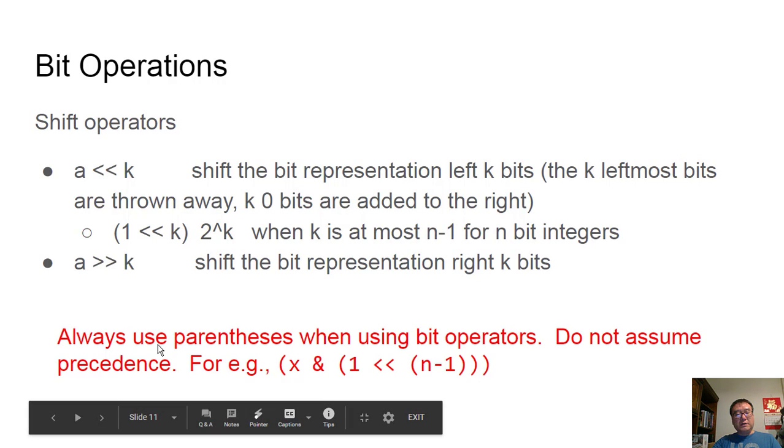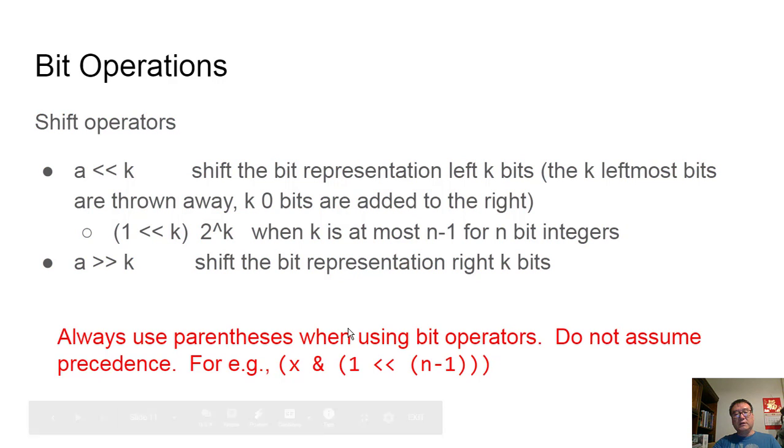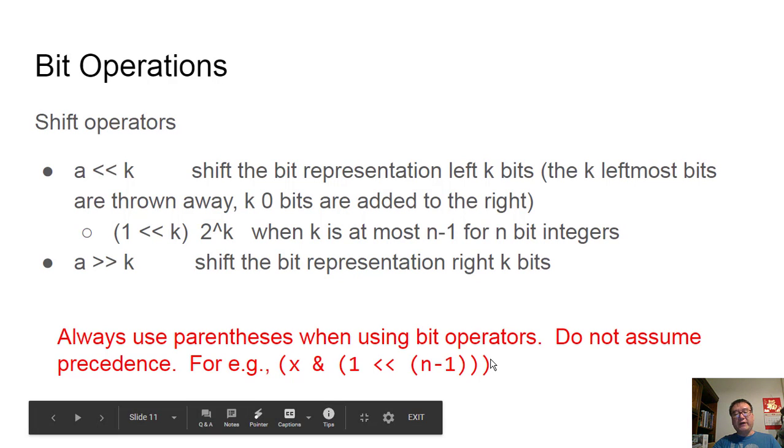One warning: if you are using bit operators, always use parentheses. Do not assume which operators go together and which don't, because it's fairly tricky. In fact, I haven't memorized it myself, and sometimes I have a bug in my code due to this.